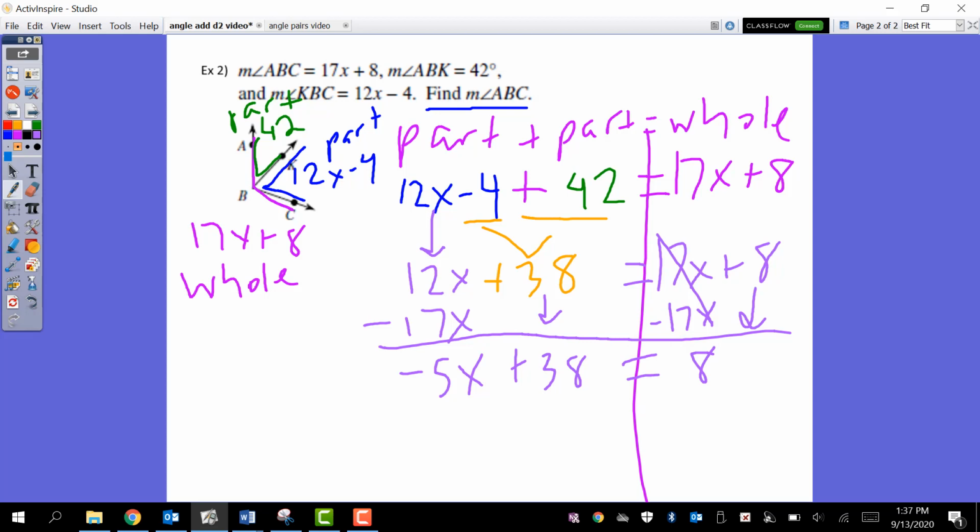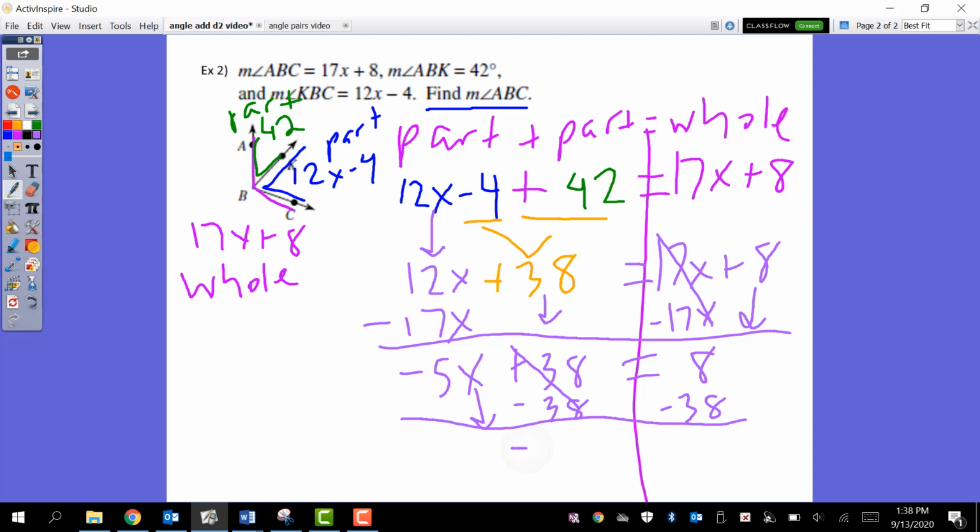Equal sign. Next step, I need to move the regular numbers to the right side. So I need to move 38, not moving 8, moving 38, and I'm going to minus that to the other side, -38. Woo, that's a curvy line. So 38's canceled, bringing down.